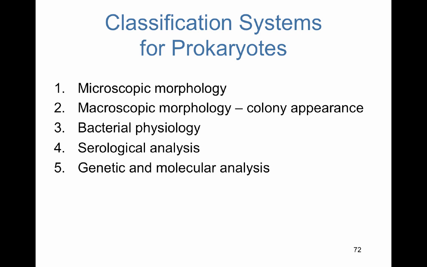Now, how do we classify all of the known prokaryotes? We use the following information here. We look at the microscopic morphology. We look at the macroscopic morphology, or the colony appearance. We also look at the bacterial physiology of the particular organism.